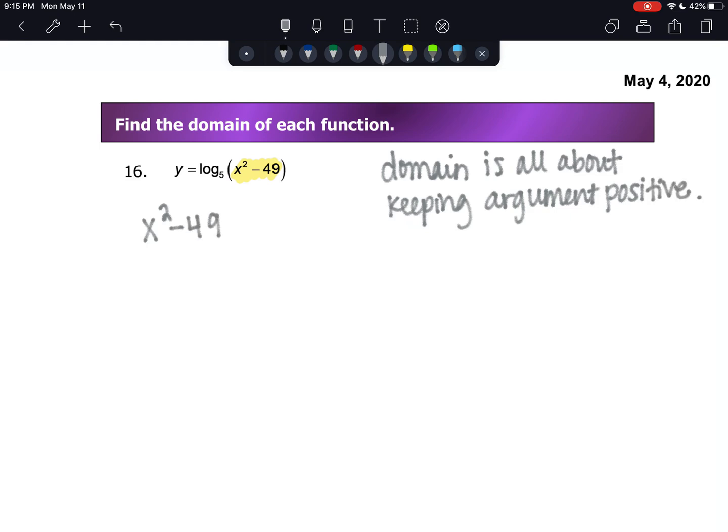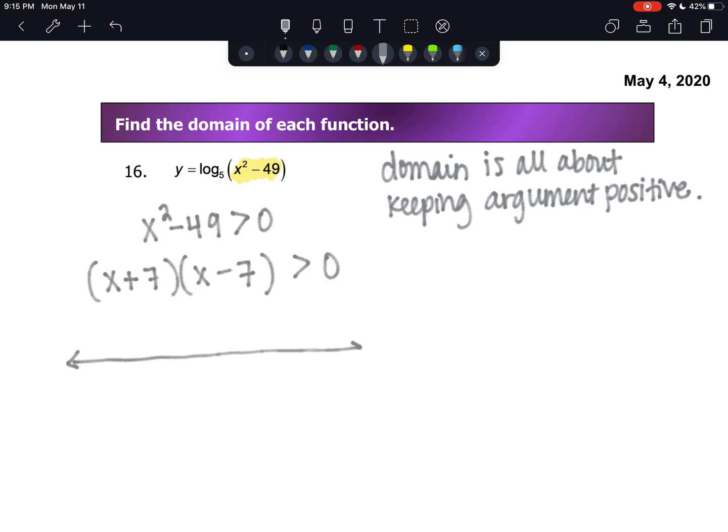So we've got x squared minus 49 is greater than 0. Now remember when we solved these inequalities with quadratics, we factored and we found our critical values.